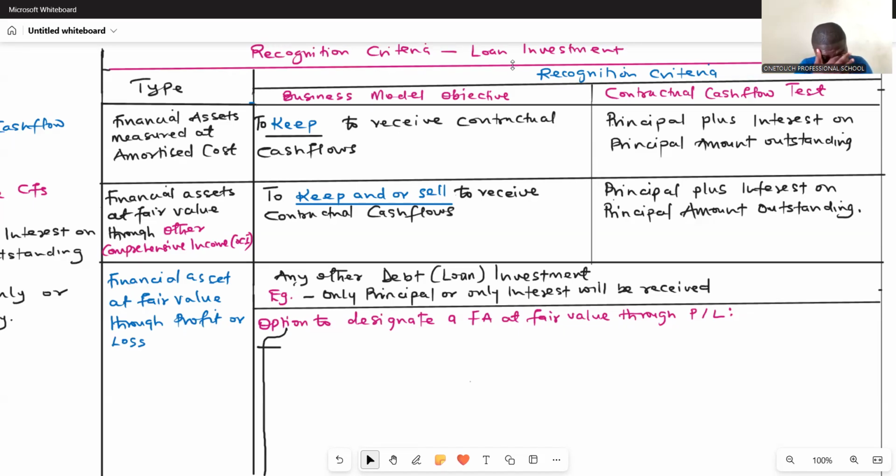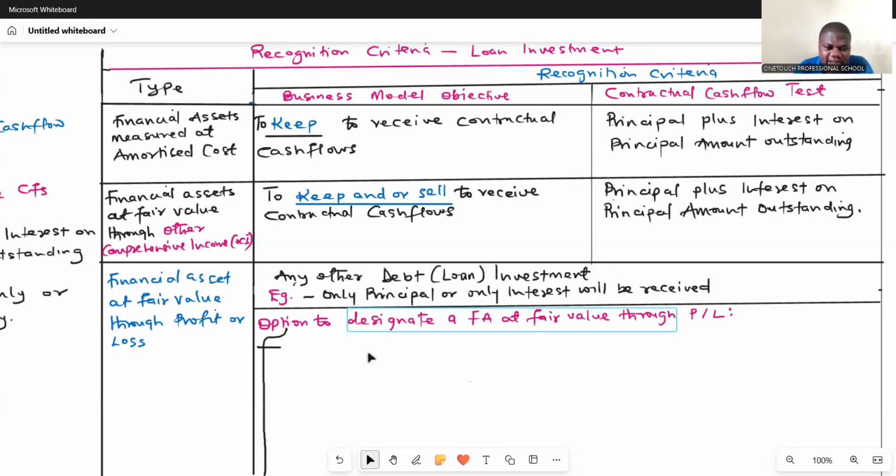You are saying that if a company buys financial assets and decides to put it under any of the types, it can't change its mind later because it will cause an accounting mismatch. No, I'm saying that if a company buys a financial asset and recognizing it under any of the first two, amortized cost or OCI, will cause an accounting mismatch, then it will classify it as fair value through profit or loss. But this decision, once you take it on initial recognition, you can't change it again.